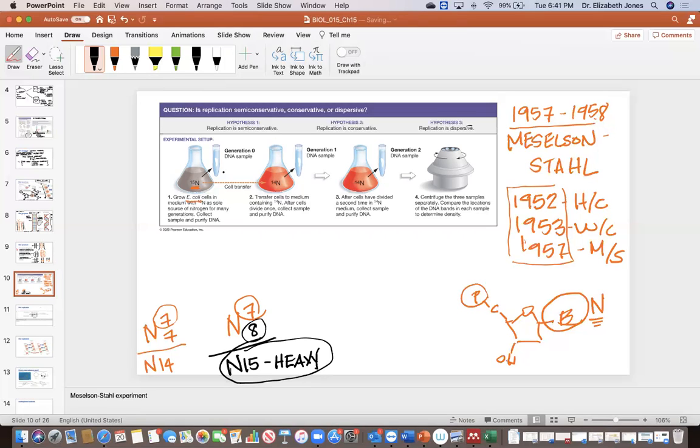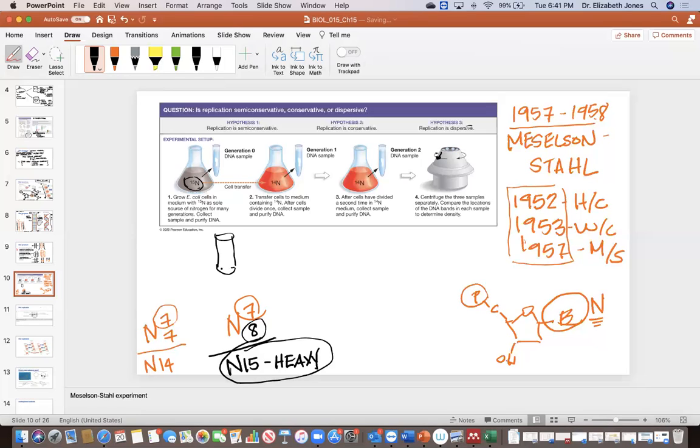So here's what Meselson and Stahl did. They took a bunch of bacteria, our good friend E. coli, which you've heard of before, and they grew it up in heavy nitrogen, okay? That means that as our bacteria are growing and making DNA, they are using heavy nitrogen to make their DNA. And so if we were to take these bacteria and put them into a test tube, and then centrifuge that test tube, hopefully you know that when you centrifuge things by spinning them around and around and around, what happens is it slings heavy stuff to the bottom of the test tube and light stuff stays toward the surface.